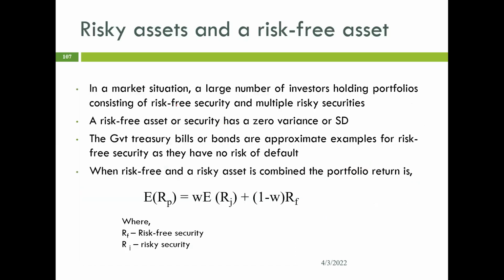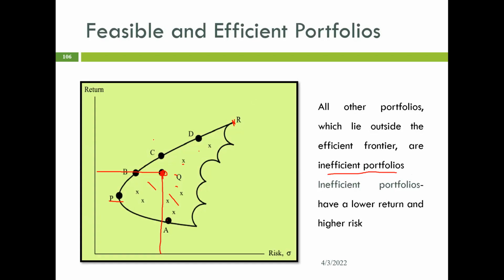In a market situation, with a large number of investors holding portfolios, now this is actually without the risk-free asset. This is considering only the risky assets. But in reality, you may invest in the risk-free asset also. This is capital market theory, right? I am explaining here the capital market theory.